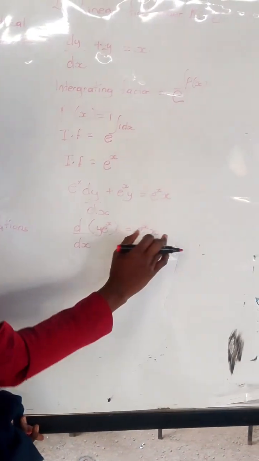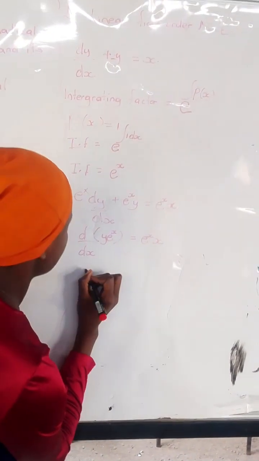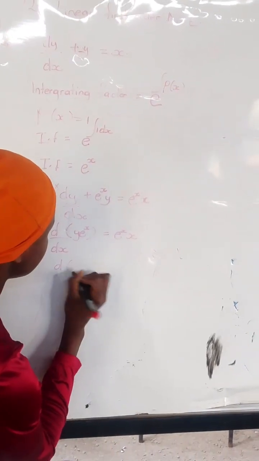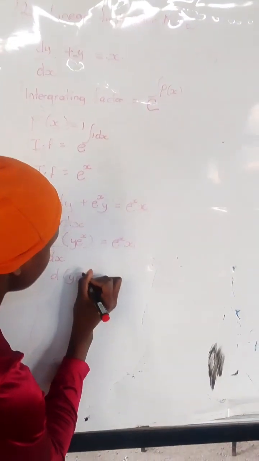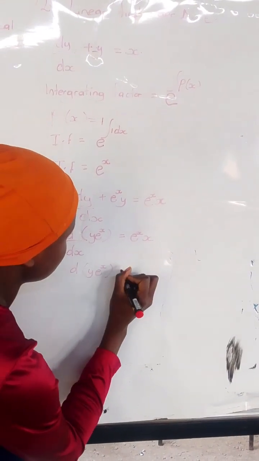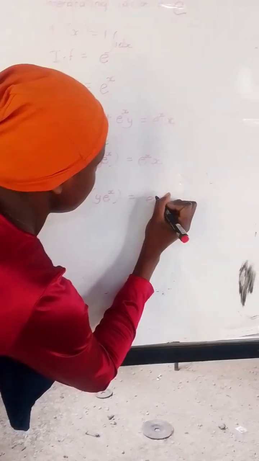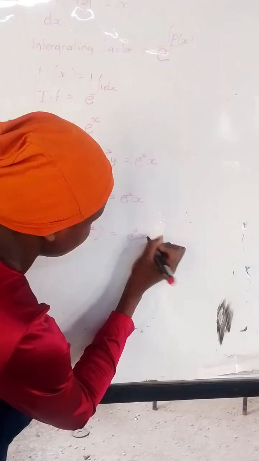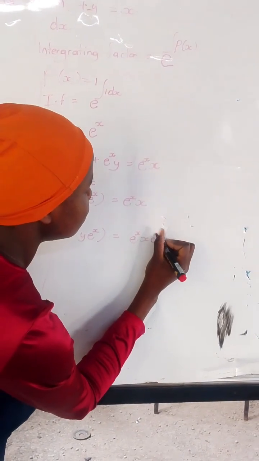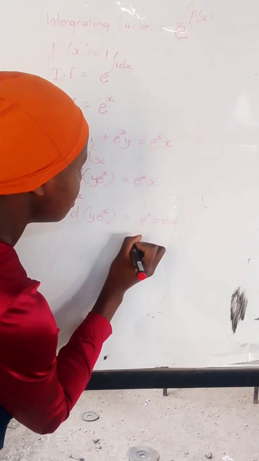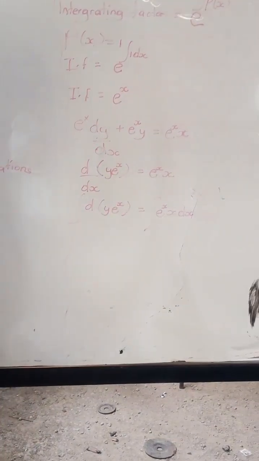We can multiply this the other side. The remaining will be d(y e^x) equaling e^x times our x, then dx. Integrate.